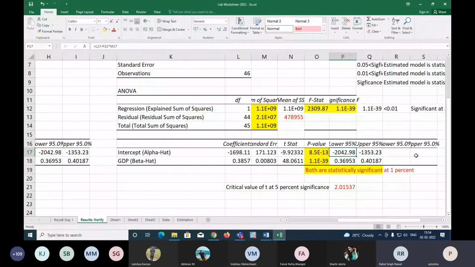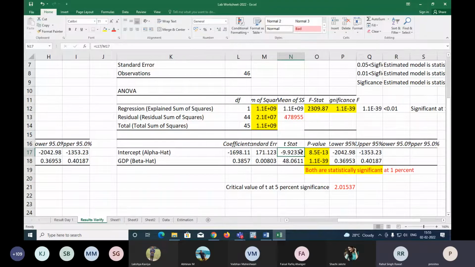If you see this value, you can very well see here that this computed T value, the absolute value of this T statistic, is basically greater than this theoretical value.